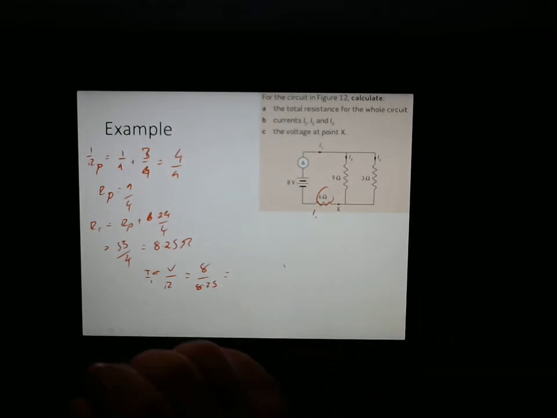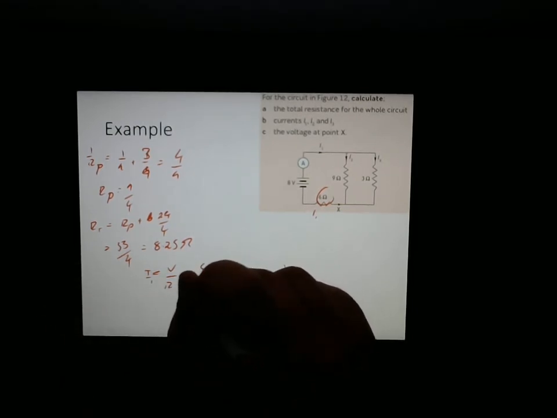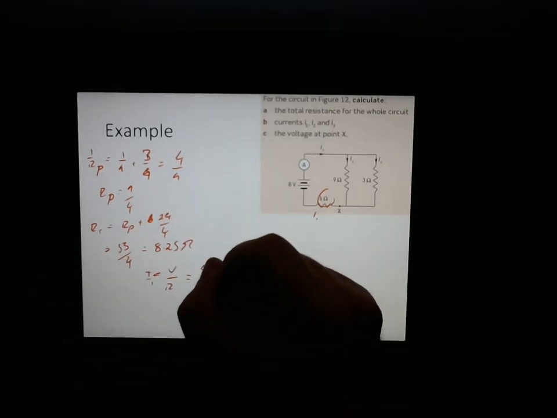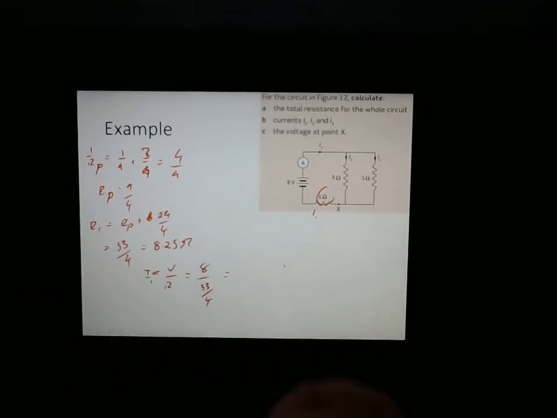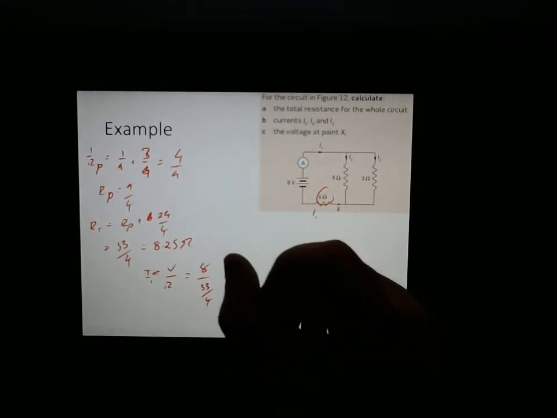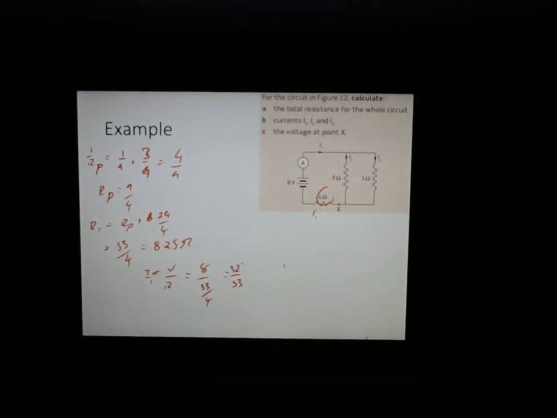Okay, I'm going to just go back to using fractions. And the answer will be a fraction, but that's okay. Fractions are our friends. 33 over 4, which means it's going to be 4 times 8, 32. 32 over 33. And we can leave it at that.